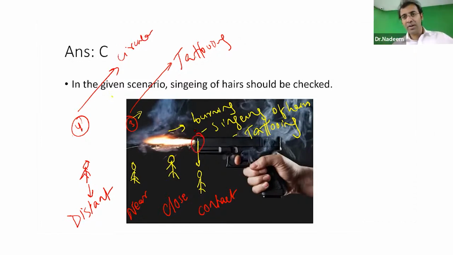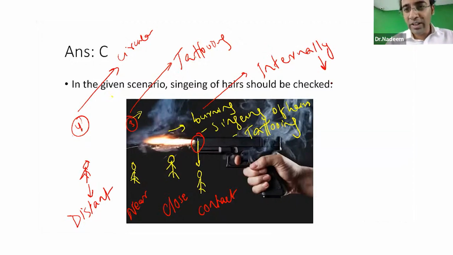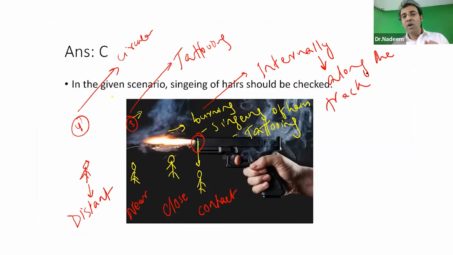What about victim number 1, when the gun is in close contact? Externally, do you think you will see burning, singeing of hairs, or tattooing? No, outside you will not see anything. But internally, during the post-mortem examination, you can see it along the track. Now, what will be the shape of the wound in the point blank shot?